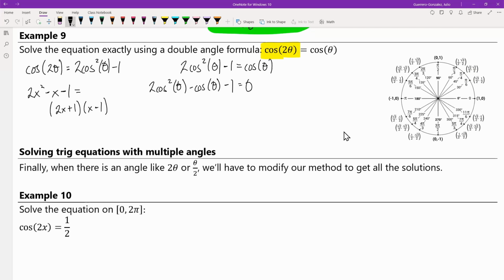If you do your foiling, first, outer, inner, last, you get that it's equal to that multiplication right below. That means this is now 2 cosine theta plus 1 times cosine theta minus 1 equal 0.